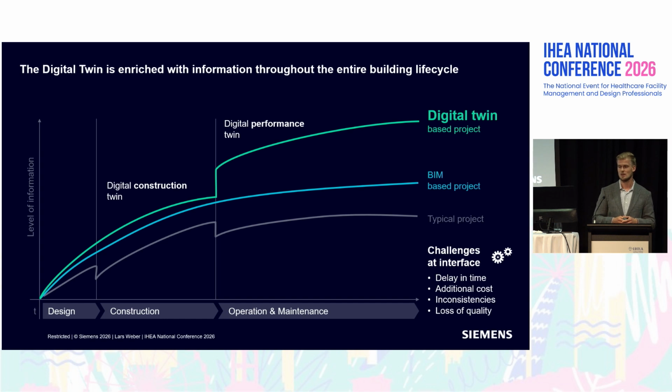As you can see, in the handover phase, especially from design and construction to operations, we're getting more information. This is basically the integration of real-time data. All your data from your building management systems, your fire systems, your security systems is all data that is there, but has been siloed until you realize it in a digital twin project.